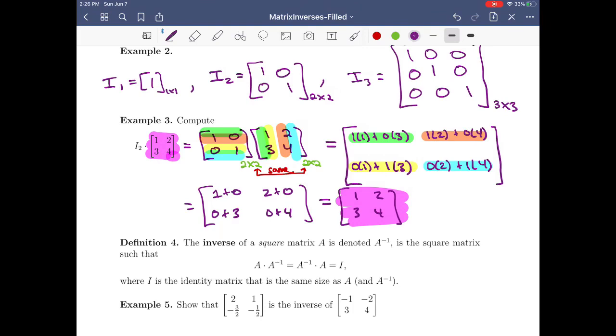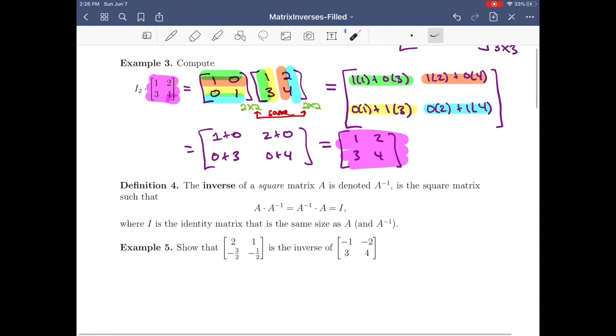It doesn't change the matrix. This is like multiplying by the number 1. When we're using real numbers, if you multiply by 1, nothing happens. So the identity matrices are like the 1s for matrices. Assuming that the multiplication is defined, and you can always make it defined by just choosing the appropriate identity matrix, it doesn't do anything.